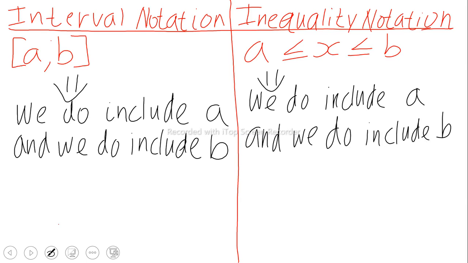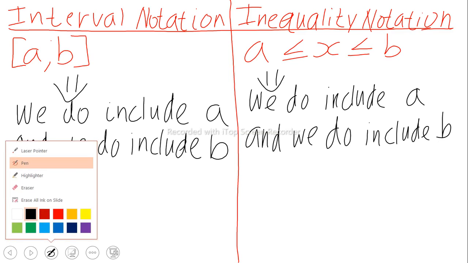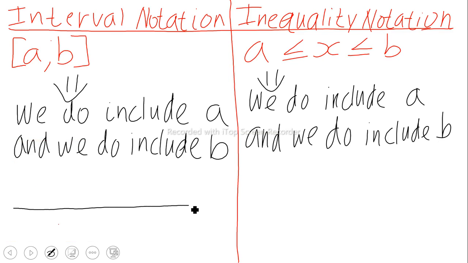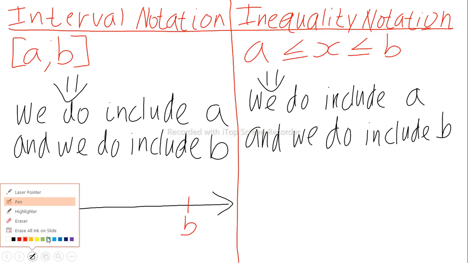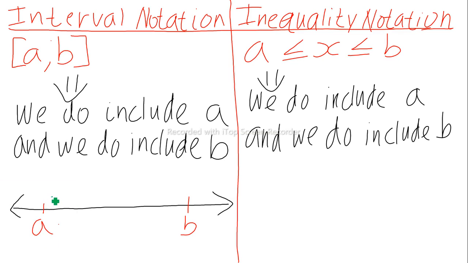Now, how would that look graphically? Well, graphically it would look like this. We have our x-axis, and here we have A, and here we have B. On both sides we are going to have the square bracket.